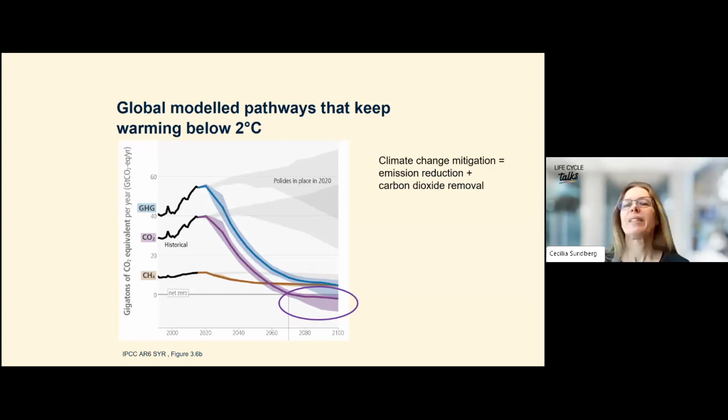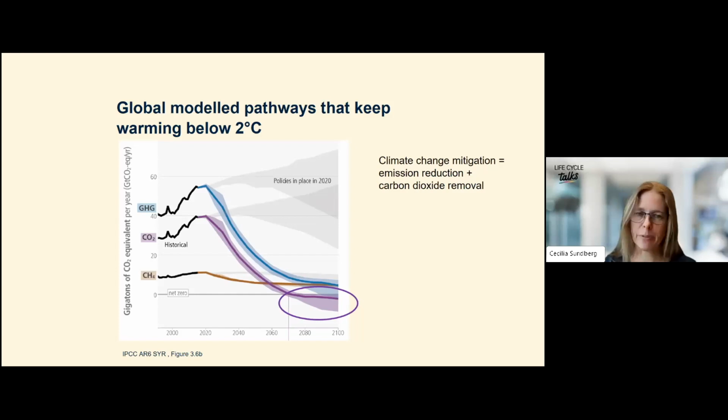So, this figure is from the most recent report of the IPCC. That told us that we have severe climate impacts ahead of us, and to reduce that severity, we really need to reduce global greenhouse gas emissions fast.